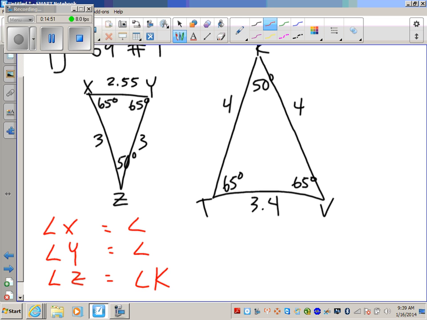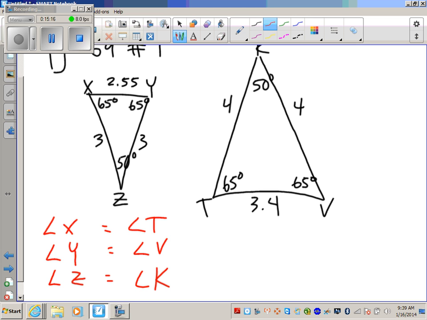Now, we have to understand that these have been inverted or flipped. Okay, so angle X corresponds with which one? T. And angle Y corresponds with angle V. Yes, it does matter.